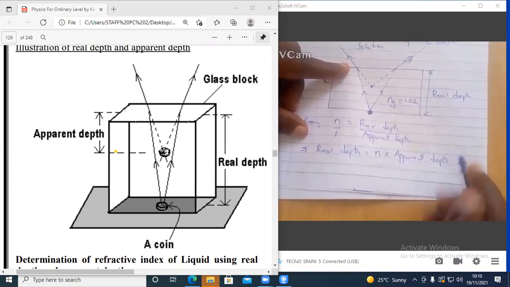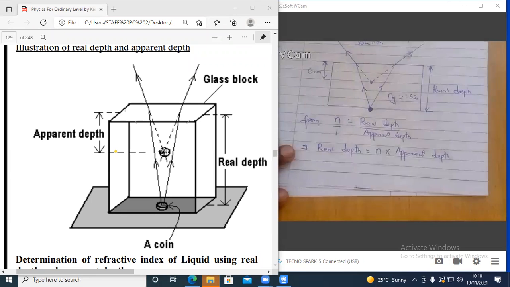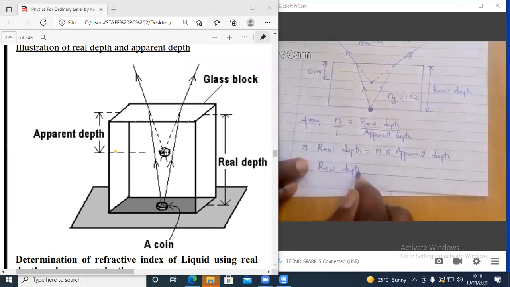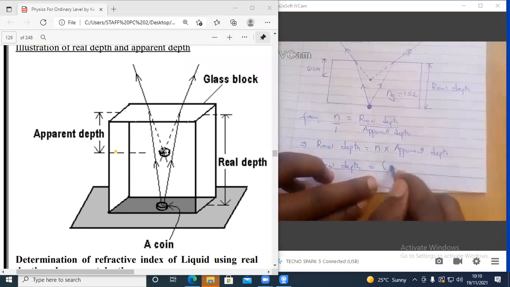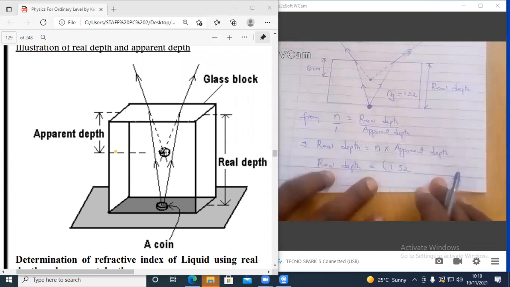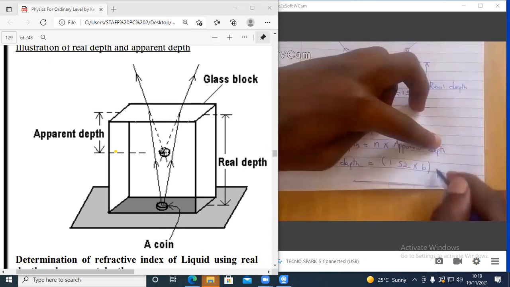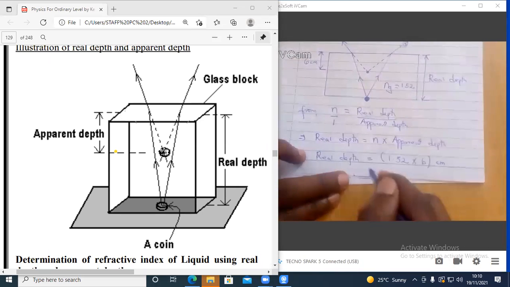So real depth is equals to refractive index 1.52 times apparent depth, which is 6. The answer must be in centimeters.